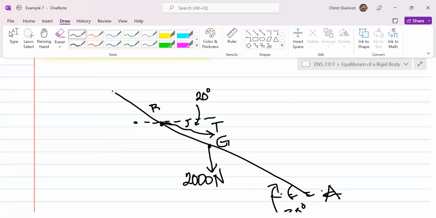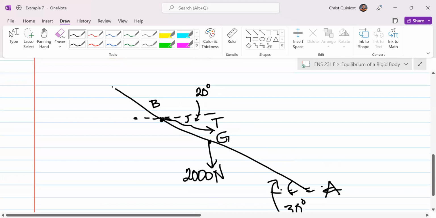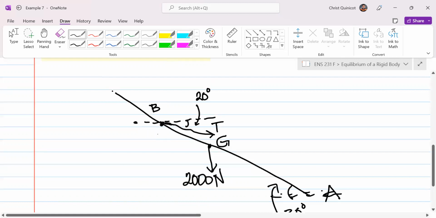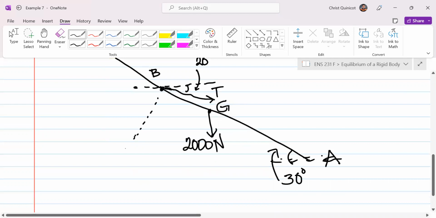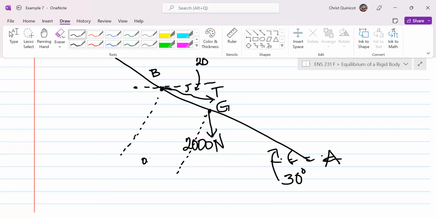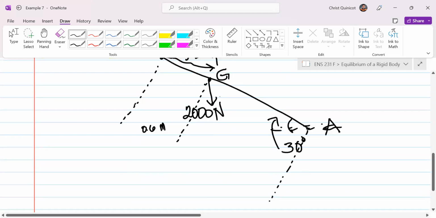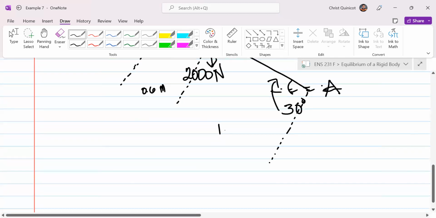This is at B. Now from B to G, that's 0.6 meters, the perpendicular distance going down. This as well is 0.6 meters. And from G to A, this is 1.5 meters.